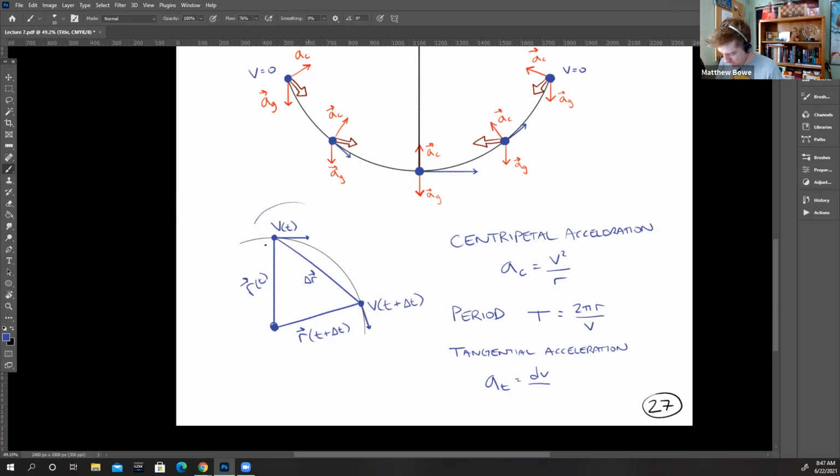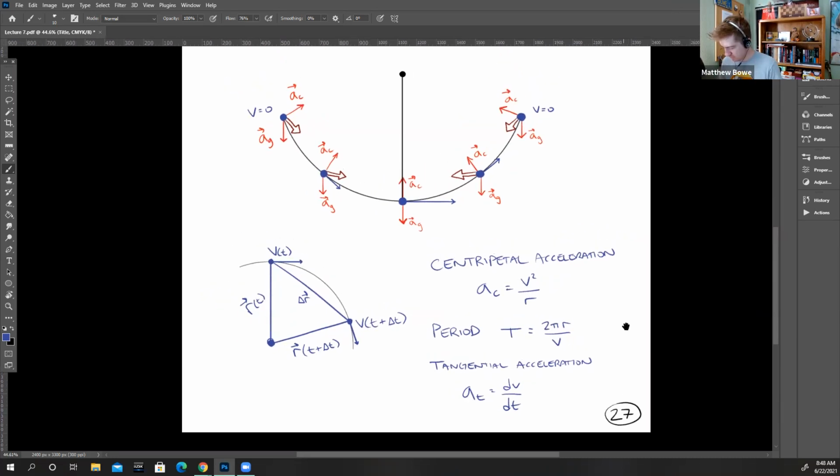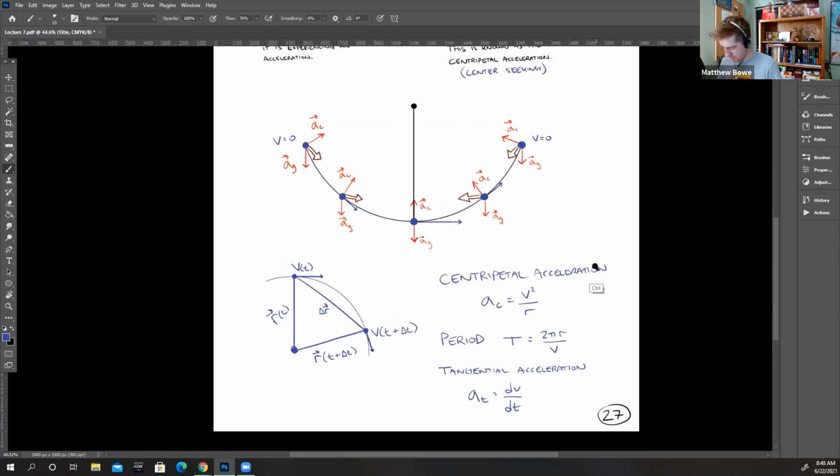And we're looking at these things right here. So at that very instant, what is its acceleration in a tangential slice? So we have to look at the very small slice of velocity over a very small slice of time. Okay.